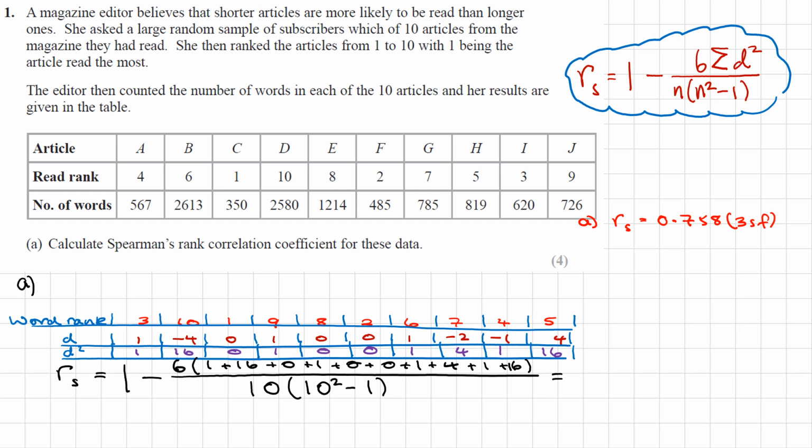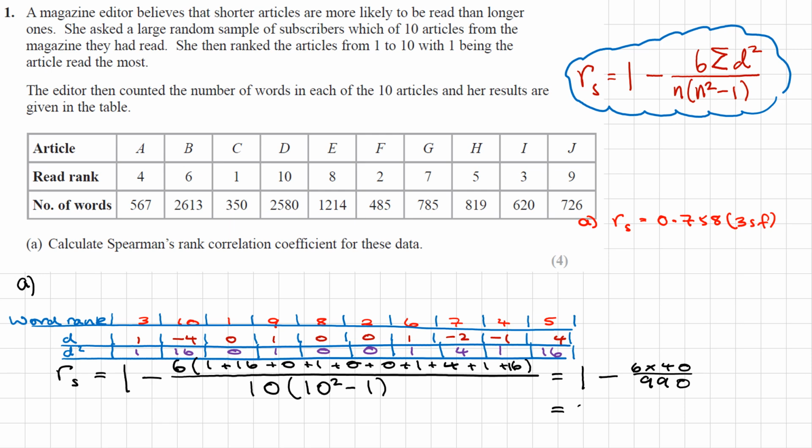Let's put that all in our calculator and see what we get. So we'll have 1 minus 6 times 40, that's the sum of my differences squared, divided by basically 10 times 99, so 990. That's 990. Let's see what that gives us.